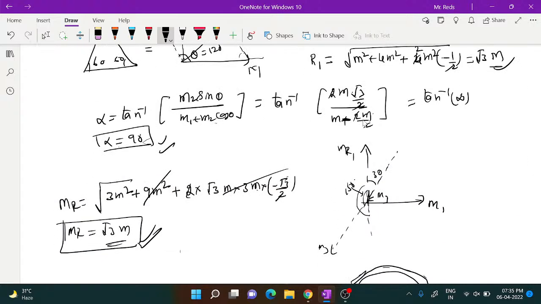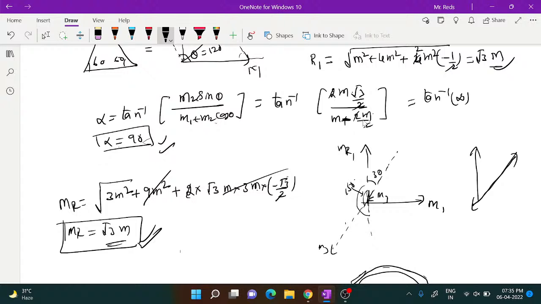Simply you can write in a plane: this is one, and another one is along the third side of the triangle, but in this direction. We want the angle between these two, but this is tail and this is head. At the head you cannot measure the angles, so we have shifted it from here to here. Now the smaller angle is the angle between the resultant of the first two and this one.